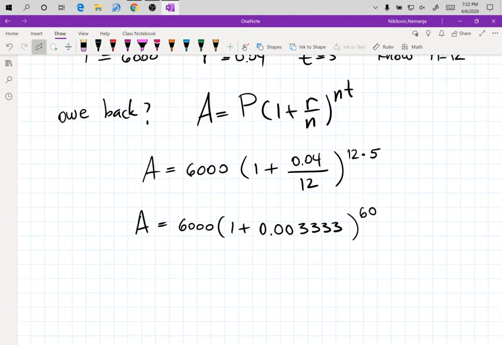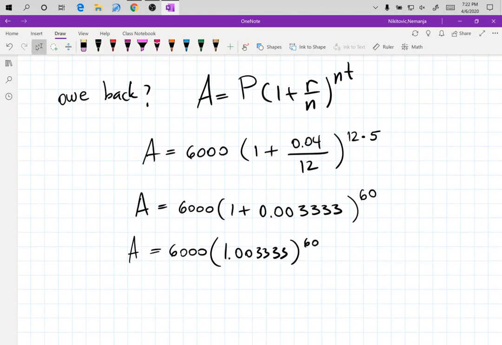So now we have that A is equal to 6,000 times 1 plus this number, which is 1.003333 raised to the 60. Now, next by PEMDAS is to raise this number to the 60th power. And we keep 4 decimals again.